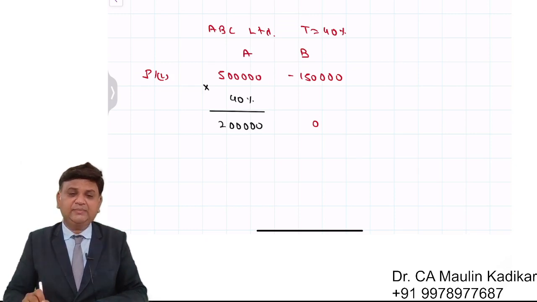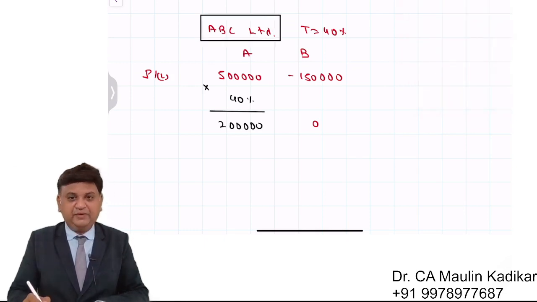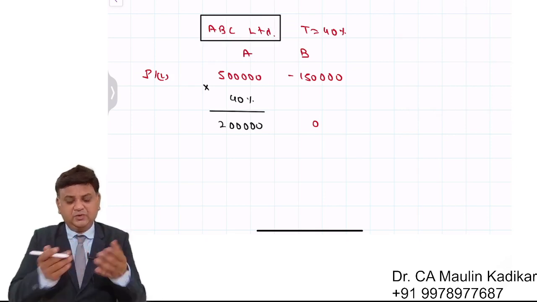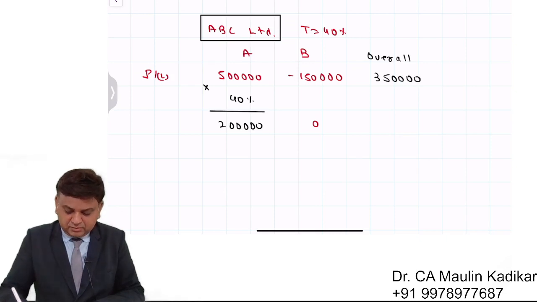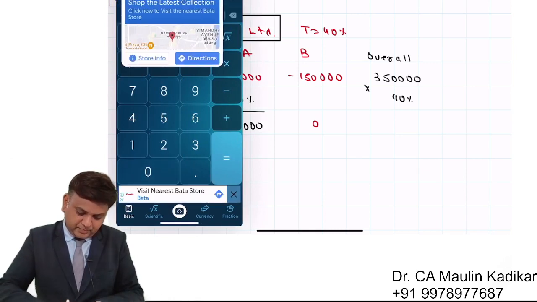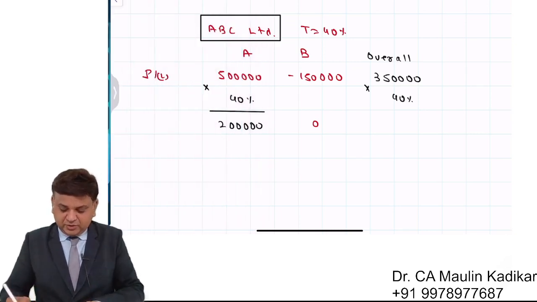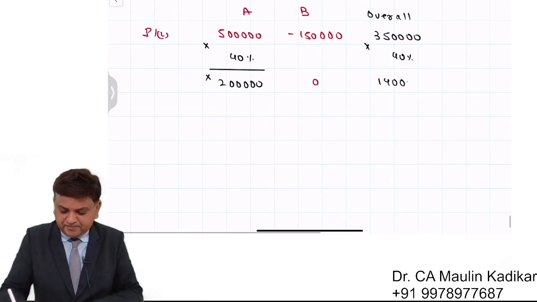What happens is that the income tax department says that we treat ABC company as a whole. So with manufacturing of one product you have a profit, and with manufacturing of the other you have a loss. Then you are required to calculate the overall. Overall, it is 3,50,000 into 40%. That comes to 1,40,000. So instead of paying 2 lakh, you have to pay tax of 1,40,000.